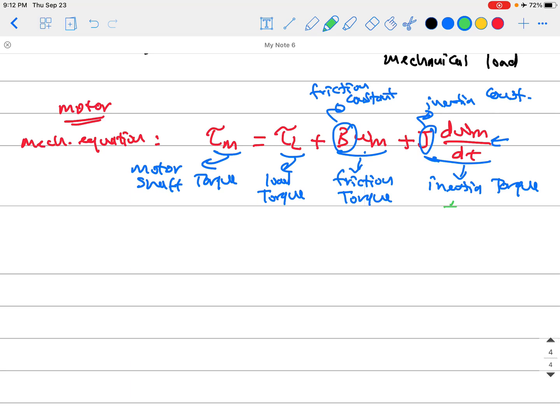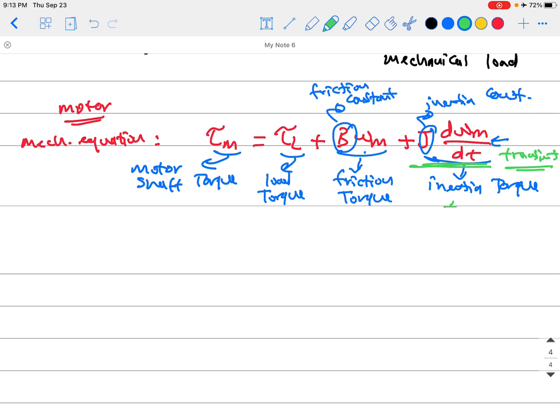That means this value, the inertia torque, disappears at steady state, and it's obvious. This inertia torque just appears when you're trying to change the speed of the load. If the speed is not changing, now you had just reached the steady state and the speed is constant. Now you don't have this term at all.